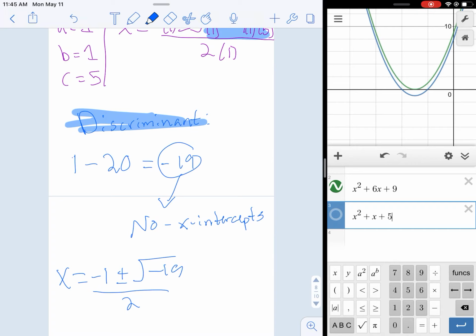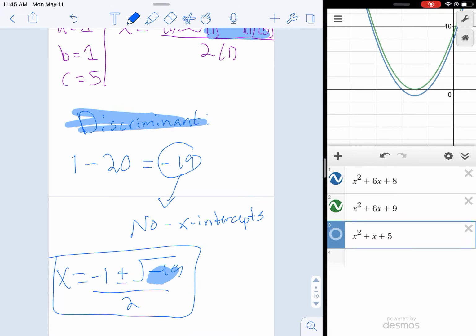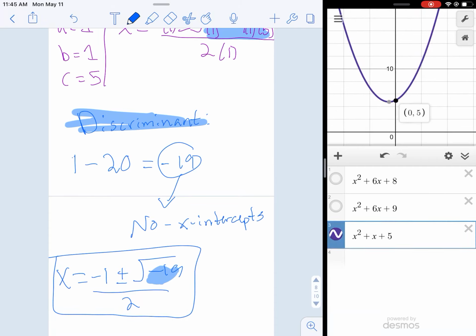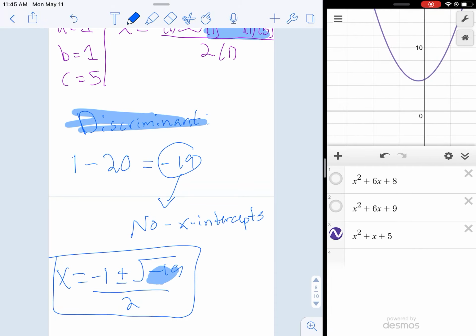Since we have this square root of a negative number, for now we're just going to leave our answer like that. Okay. So this would be your final answer for the x-intercepts. And if we notice for this most recent problem, if I were to graph it, this parabola does not touch the x-axis, so there are no x-intercepts.